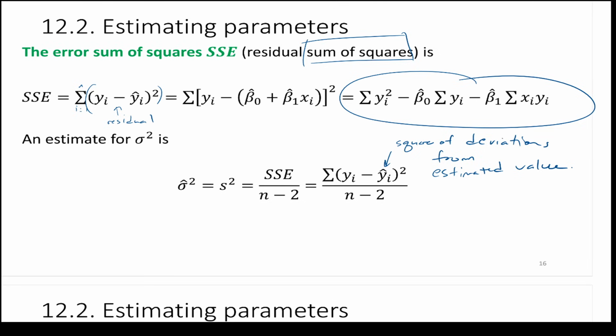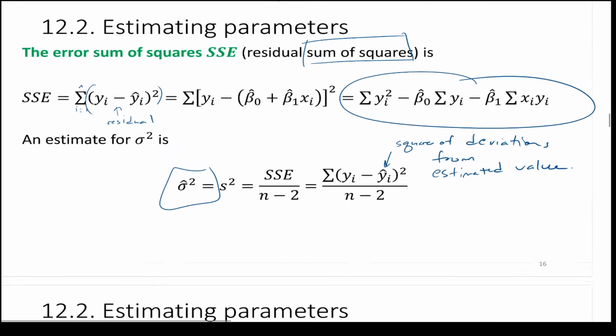Well, we square it, add them together, divide by, in this case, n minus 2, and this is an estimate for the variance in your y values, the y data from the least squares line.